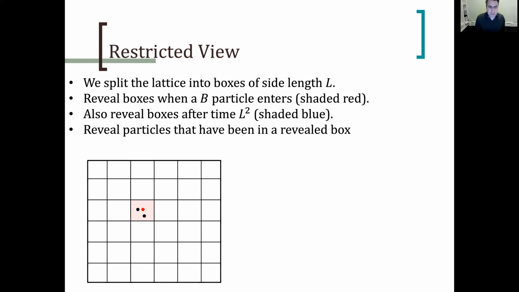Essentially the rule will be that a box will be colored red if an infected particle enters it, and it will be colored blue if the box has been sitting next to another colored box for enough time, say about L squared.